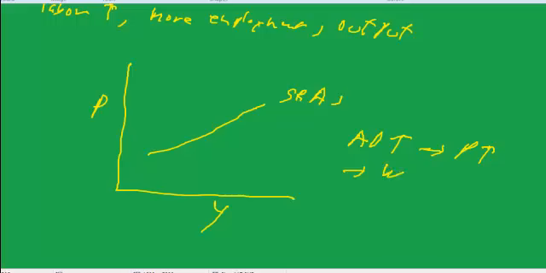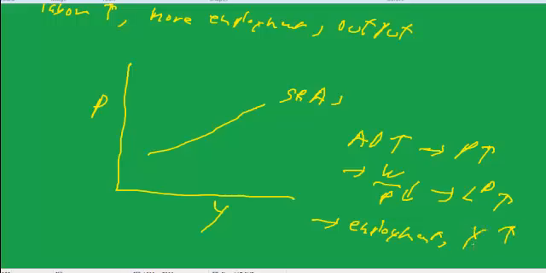With wages sticky, that gives you a temporary decline in real wages, which gives you labor demand, which I'll write LD, going up, which means that employment and Y, real output, will go up. That's Y for real output. So that's the story of the aggregate supply curve.